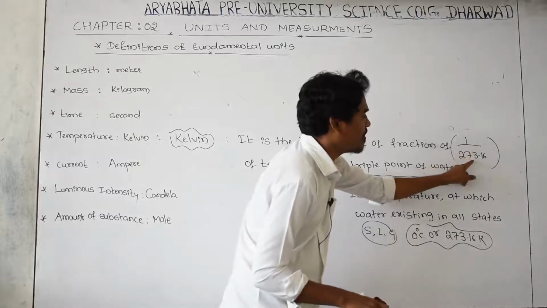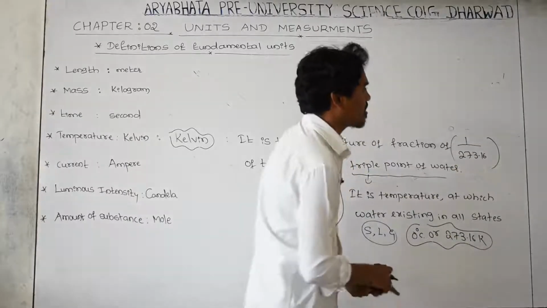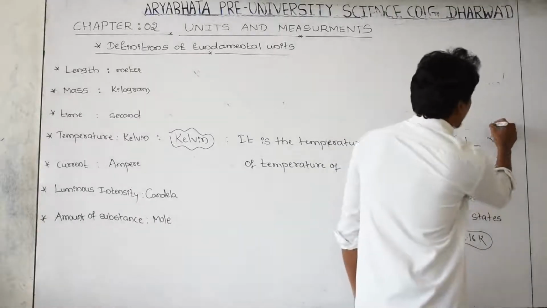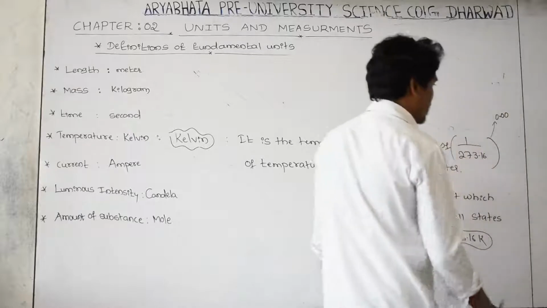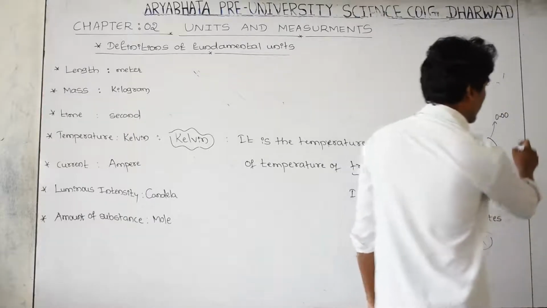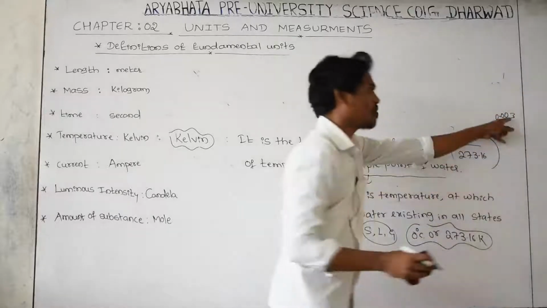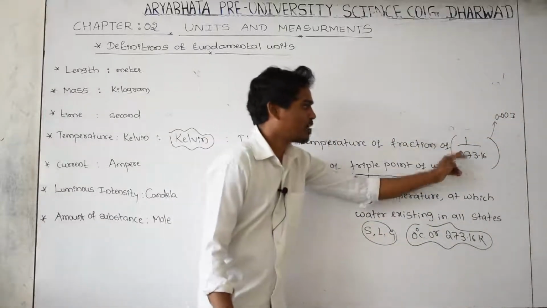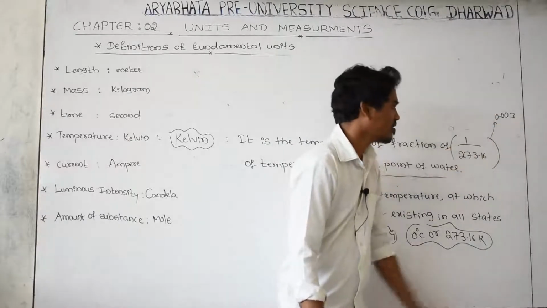When you do 1 by 273.16, the answer is almost 0.00 something, 0.003 something.